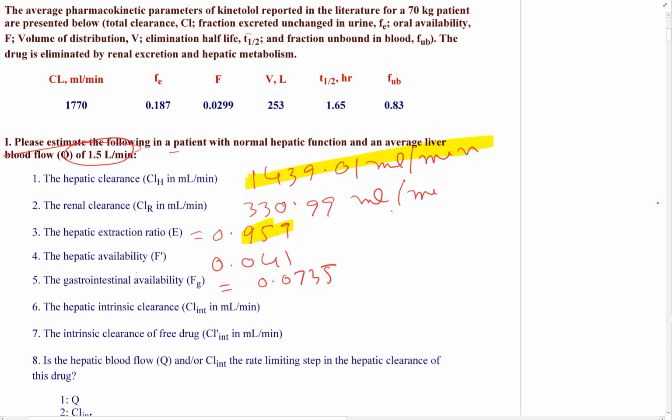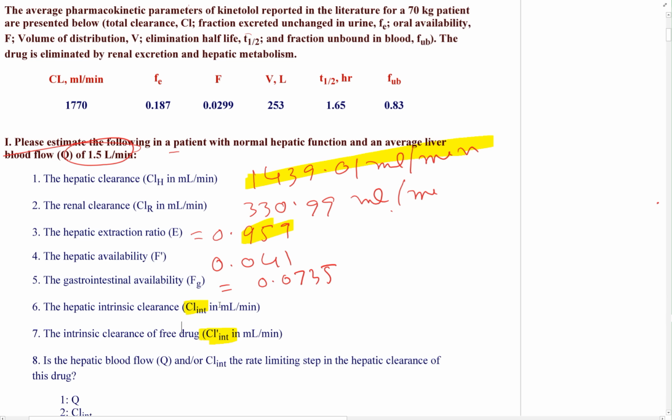Intrinsic clearance, and there are two terms: intrinsic clearance of the free drug and overall intrinsic clearance. I have mentioned that intrinsic clearance is the innate ability or propensity of the drug to be metabolized by the liver, or the liver's ability to metabolize the drug.